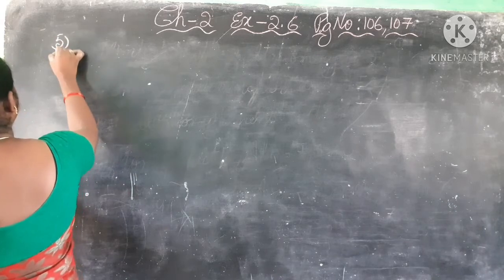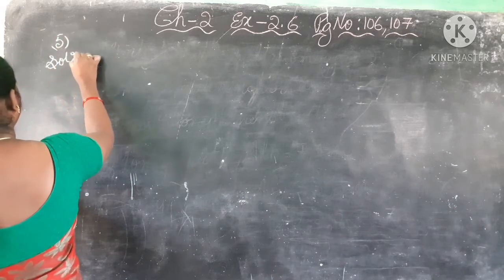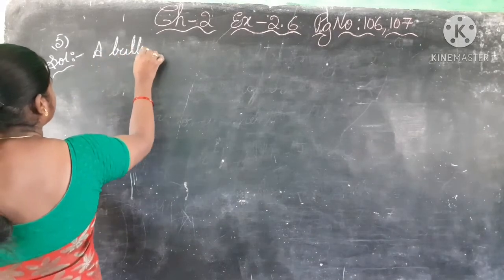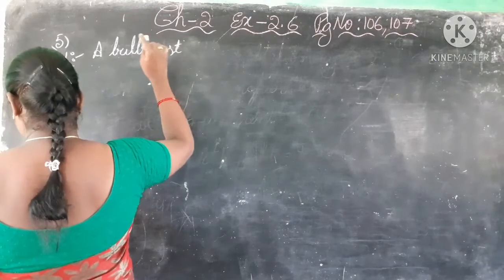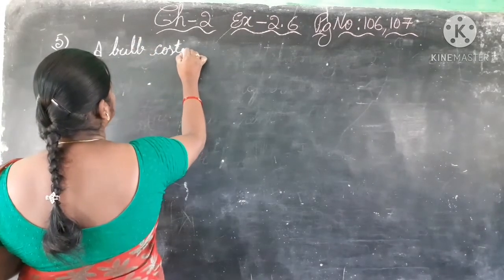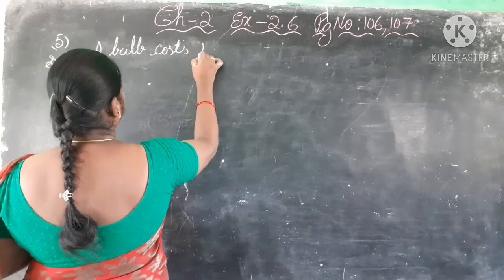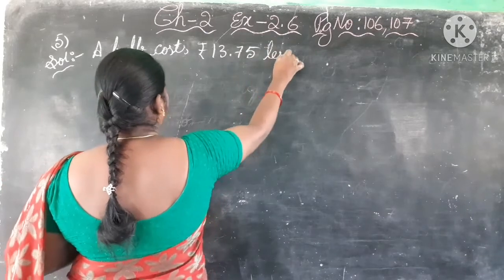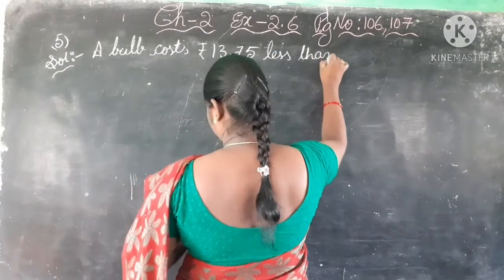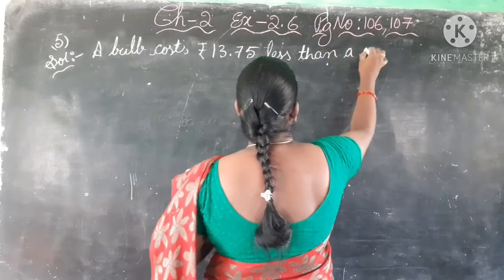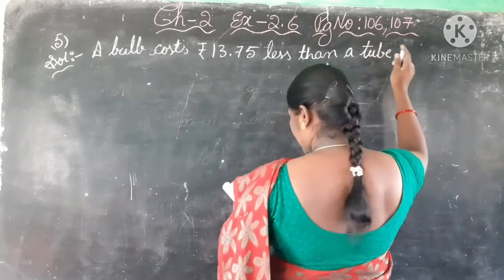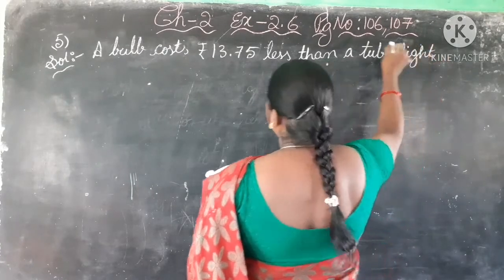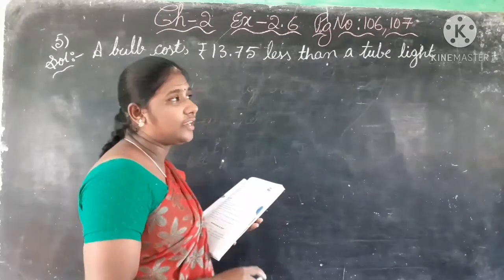Fifth question solution. A bulb costs rupees 13.75 less than a tube light.